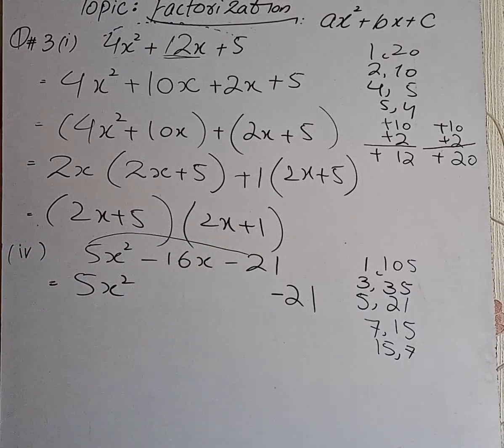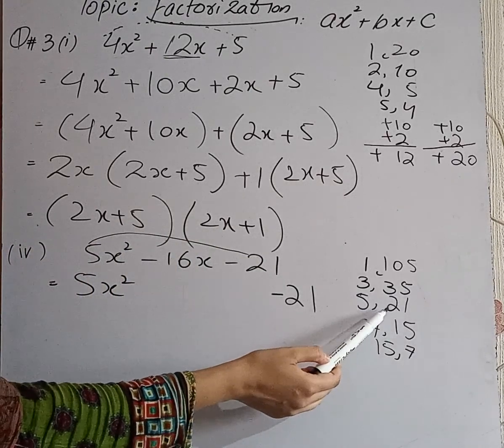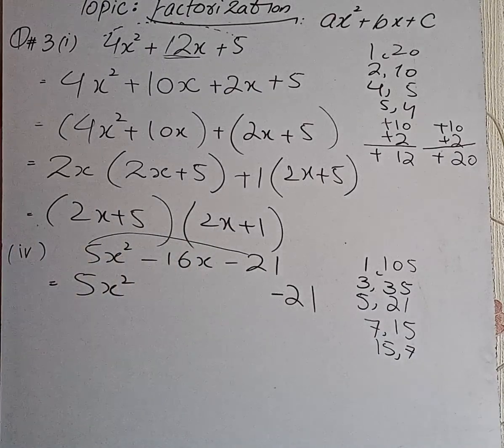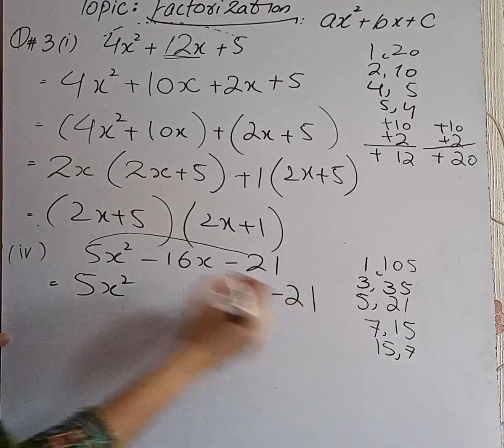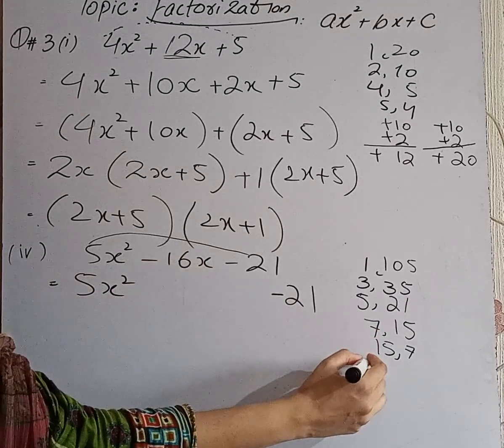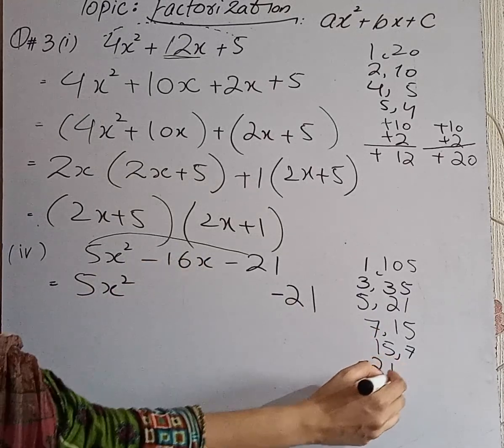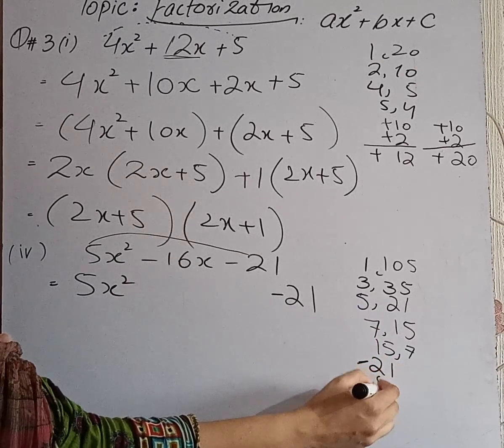So the pair that we are going to pick from here, if we pick this one, 21 and 5: 21 minus 5 is 16. But which sign are we going to use over here? With 21 and 5, 21 is greater, so I will write minus with 21 plus 5.